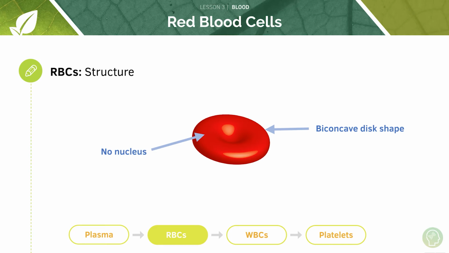And then hopefully that will trigger your memory of it having a biconcave disc shape, which increases the surface area for oxygen uptake, but also oxygen release. Also, red blood cells have no nucleus, so they can pack more hemoglobin in, which means that they've got more carrying capacity for oxygen. So just always relate the structure of the cell, or whatever we're talking about, to the function.